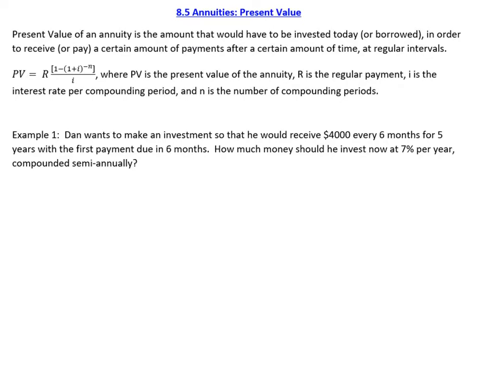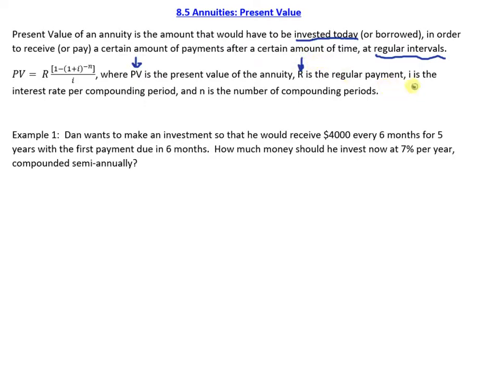Okay, so present value of an annuity is the amount that you would have invested today or borrowed in order to receive or pay a certain amount of payments after a certain amount of time. Again, we're talking about regular intervals. Here's the equation. PV, again, present value. R is going to be the regular payment.